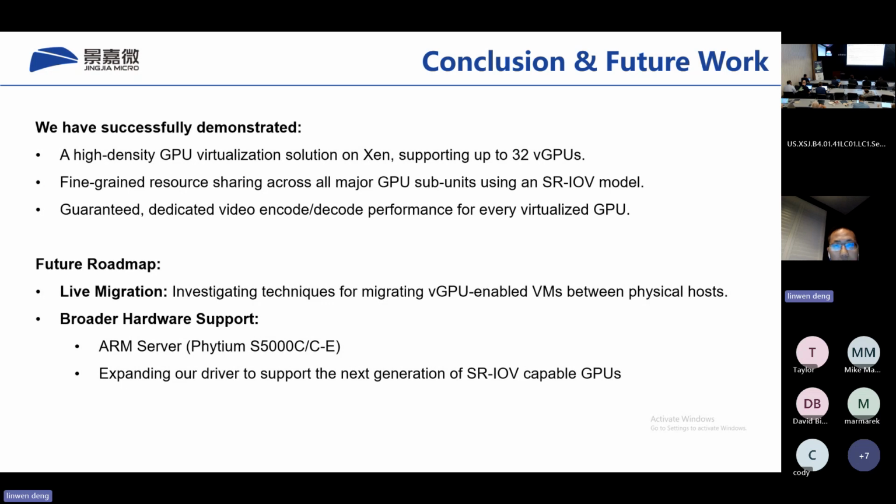So that's it, we have succeeded. We give a high-density vGPU virtualization solution and support up to 32 vGPUs in our demo in our development environment, and get fine-grained resource sharing across all major GPU subunits, using the SR-IOV model.